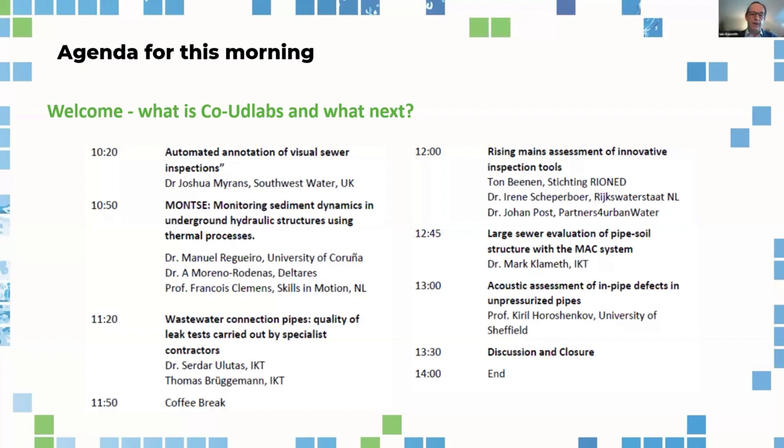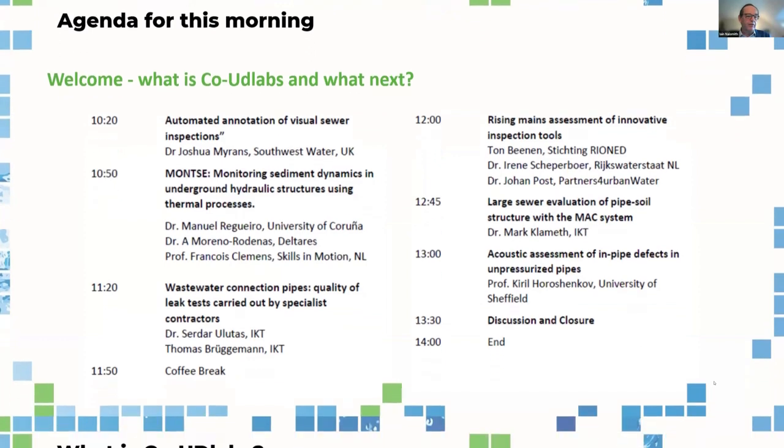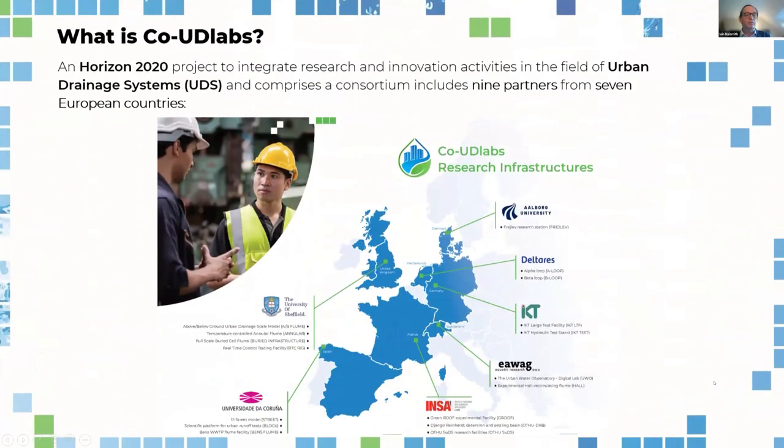Thanks very much. As you will be aware, the reason that we're gathering today is because we are reaching the end of the Co-UDlabs, the Consortium of Urban Drainage Laboratories project. This project has been running for the last 4 years, funded by the European Commission's Horizon 2020 initiative, and is due to end in the next few months.